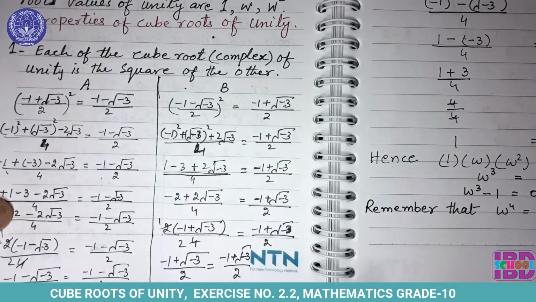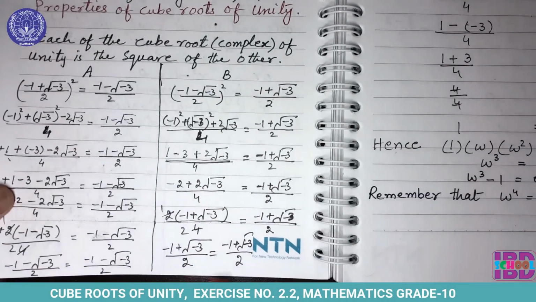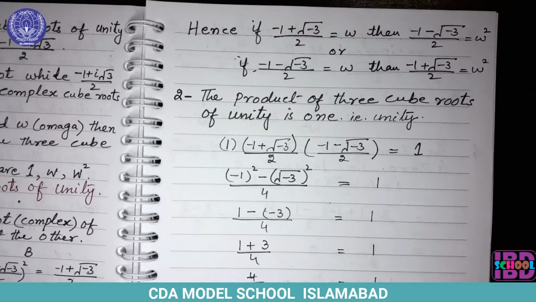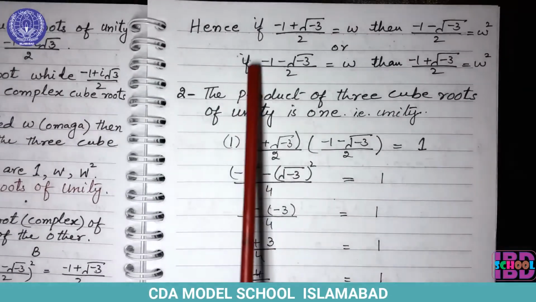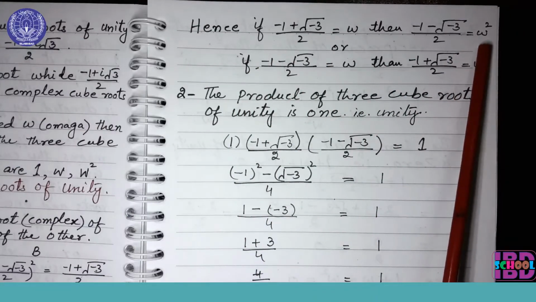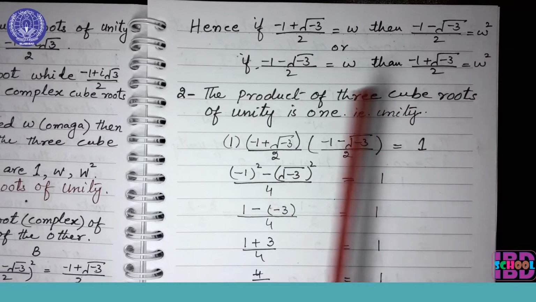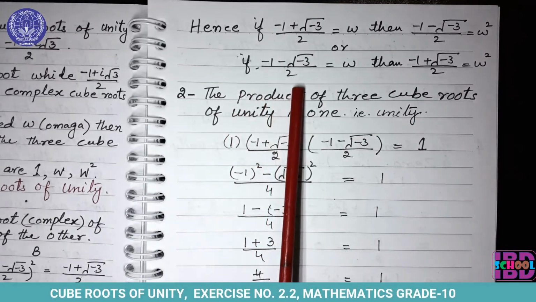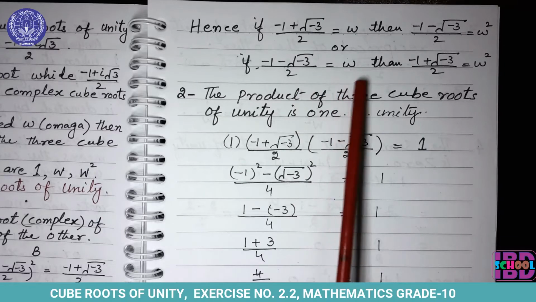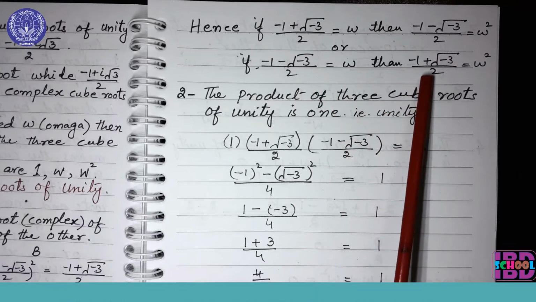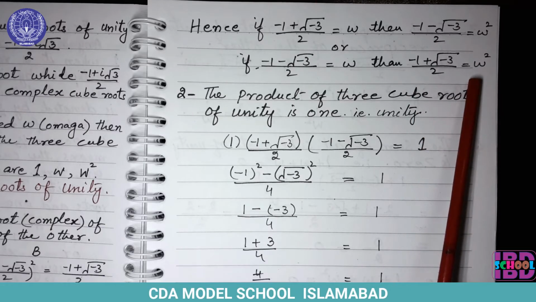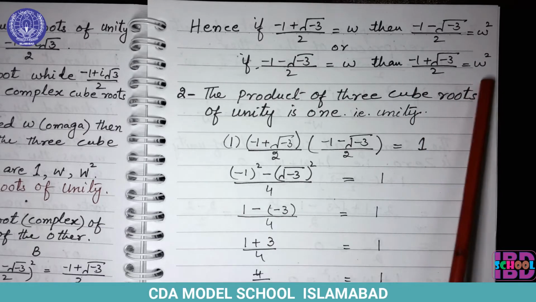Hence, if minus 1 plus under root minus 3 by 2 is equal to omega, then minus 1 minus under root minus 3 by 2 is equal to omega square. Or if minus 1 minus under root minus 3 by 2 is equal to omega, then minus 1 plus under root minus 3 by 2 is equal to omega square.